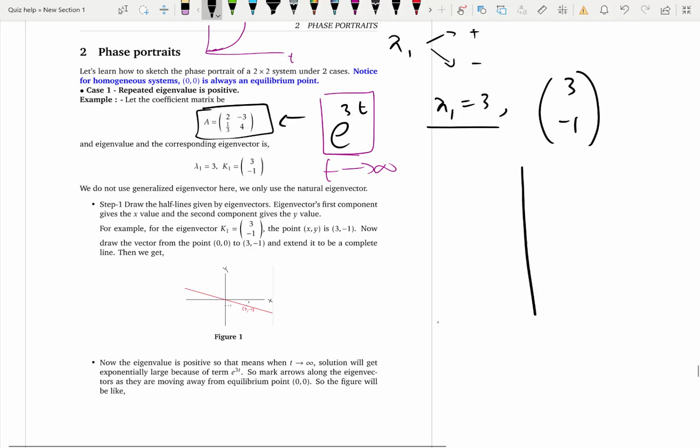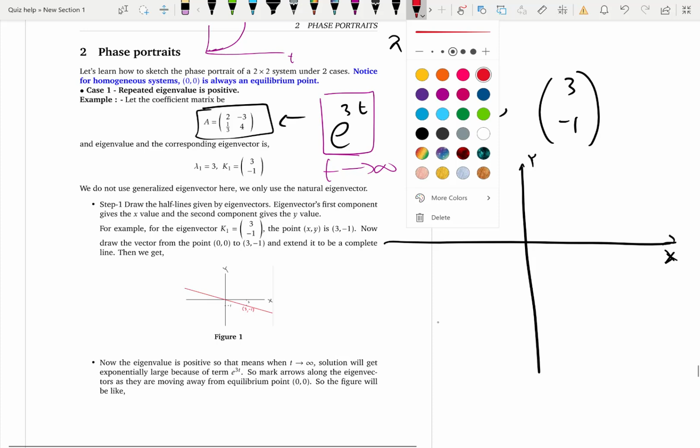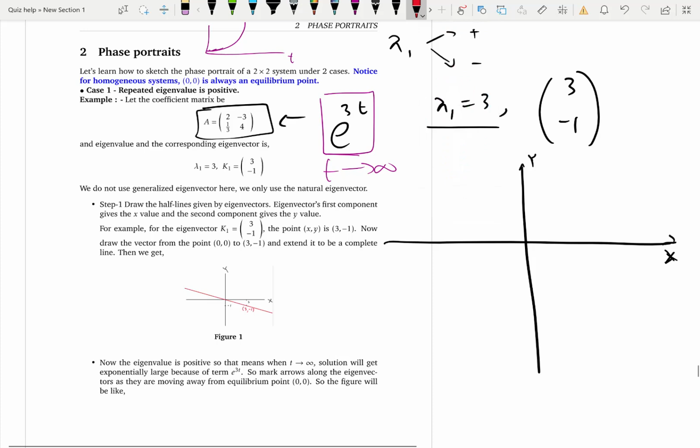Okay, so what we do now is we draw the xy plane. And remember what you're going to do next. It's the same steps. Make sure you draw the half line created by the eigenvector. So x is 3, y is -1. So the point is like here. If you draw the line, it was a little bit off, it's okay, these are rough sketches.